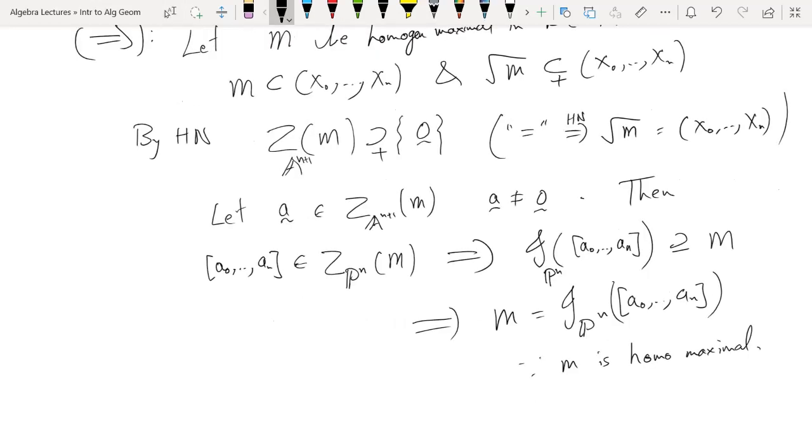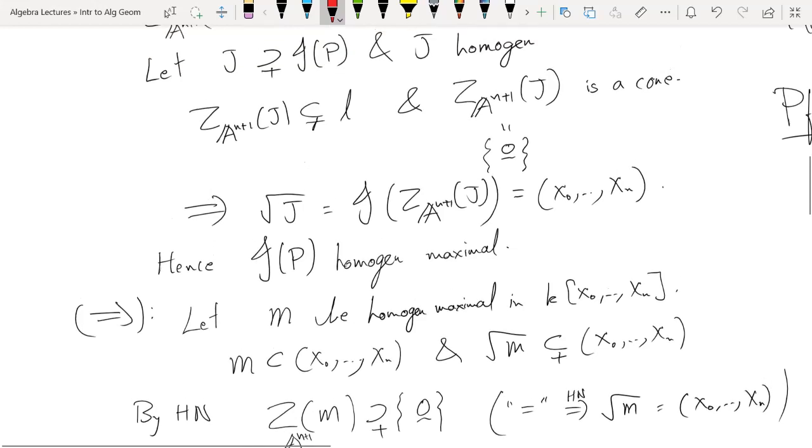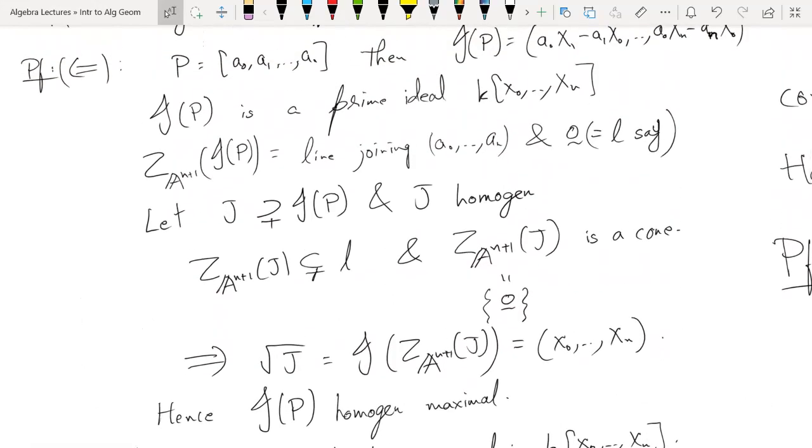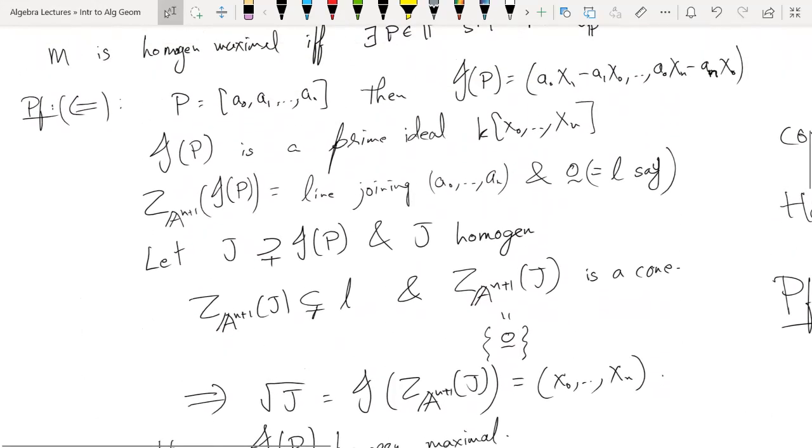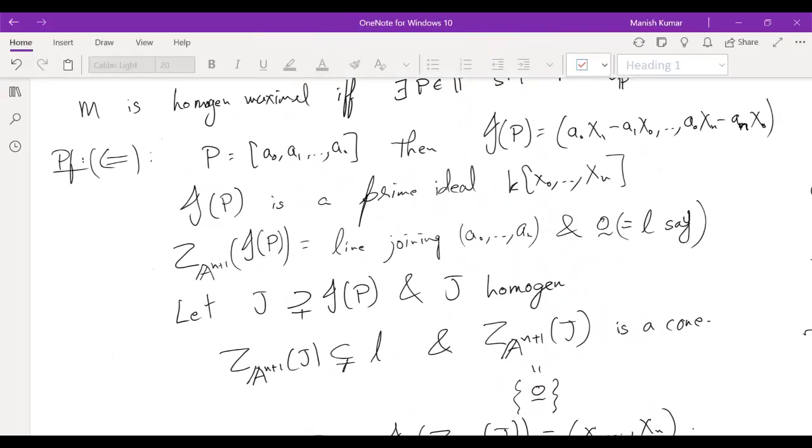Okay, so that completes the proof of this homogeneous version of Hilbert Nullstellensatz. So points in projective n-space correspond to homogeneous maximal ideals of this kind. Any questions? Okay, so maybe this is a good place to stop.